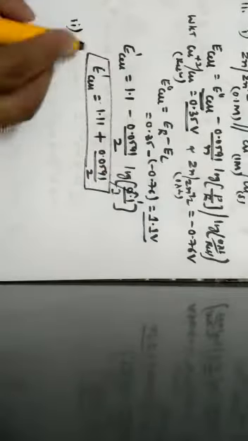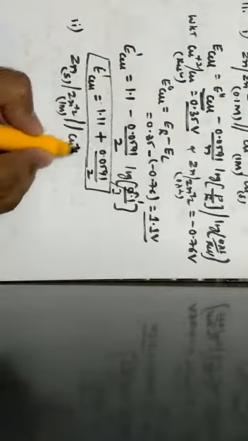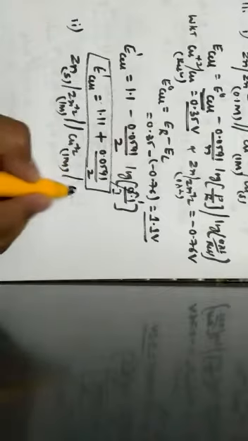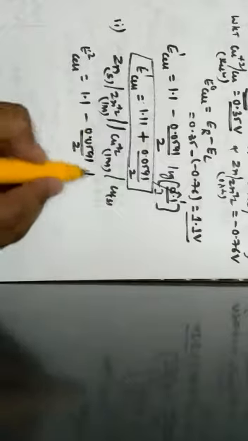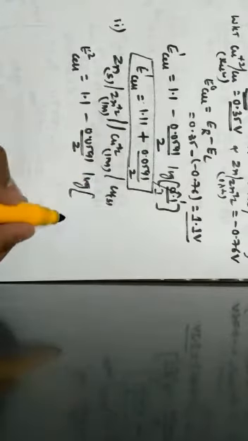Second cell. The second cell representation has been given as Zn | Zn2+ separated by a salt bridge, which has a concentration of 1 molar, and Cu2+, which has a concentration of 1 molar, with copper solid. So I write E2 cell is equal to E naught cell, the standard, that is 1.1, minus 0.0591 by 2, times log of oxidation by reduction.